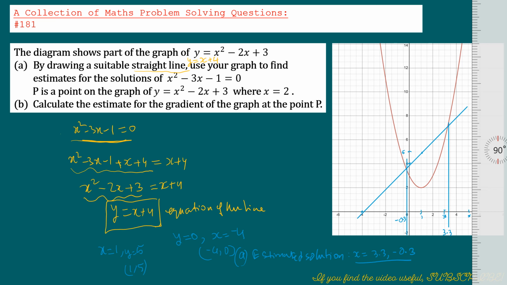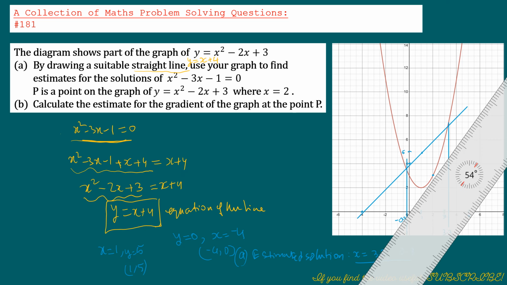The next part is saying P is a point on the graph where x equals 2. So that's the point where x equals 2, and I have to draw the tangent.